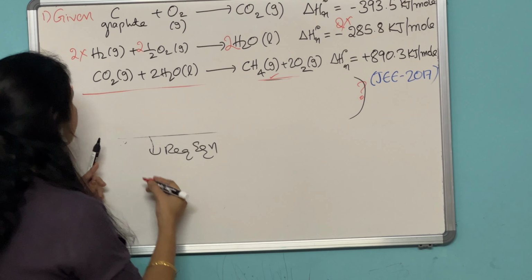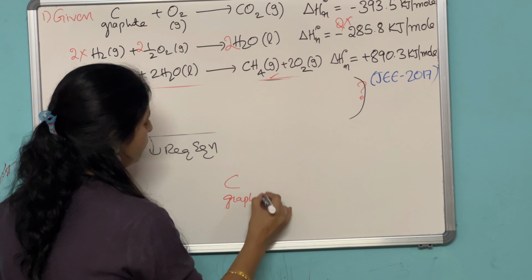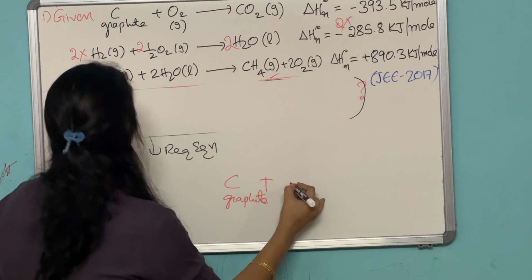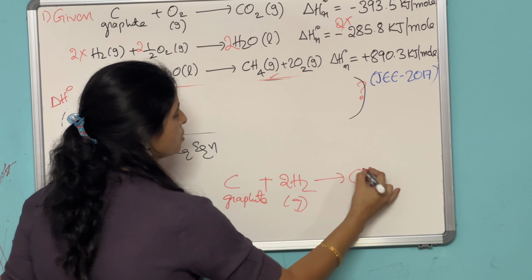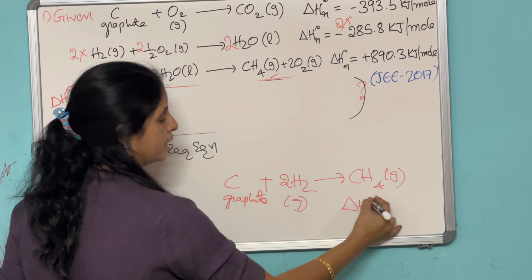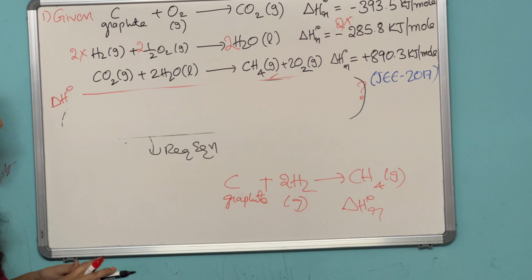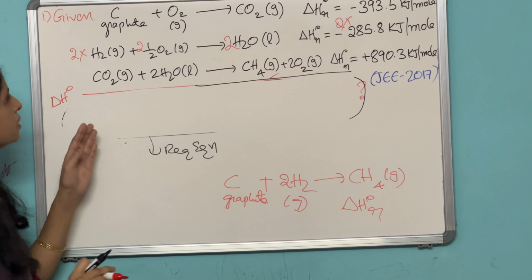I will write this required equation here. Carbon graphite plus 2H2 gas gives rise to CH4 gas. This is your required equation. For this we have to calculate delta H naught R. Okay. Now you have to look for the cancellations.